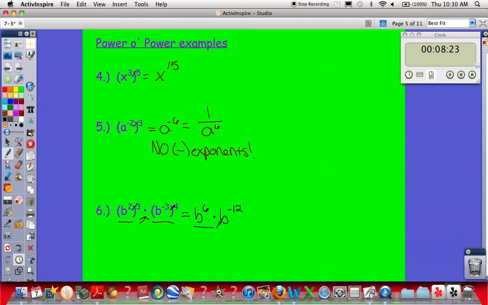Now, since it's a product, remember product, add exponents. So you're going to have b to the 6 plus negative 12, which equals b to the negative 6. Again, no negative exponents, equals 1 over b to the positive 6th power.